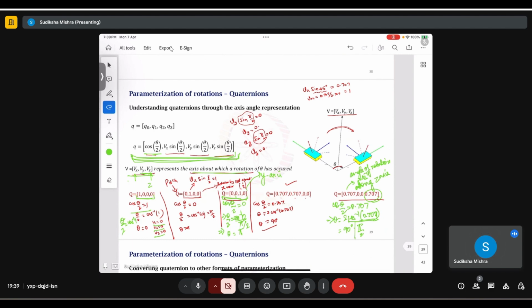So if you look at this one, 0, 0, 1, 0, then cos theta by 2 is equal to 0, so theta by 2 is equal to cos inverse of 0, and theta comes up to be pi. Since the other two terms are 0, the rotation has occurred about the y-axis.